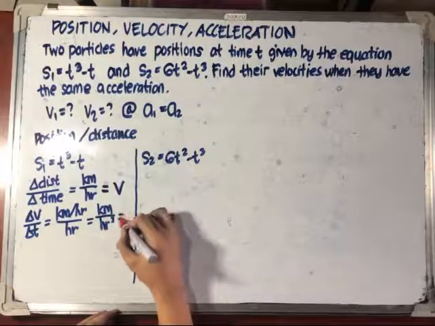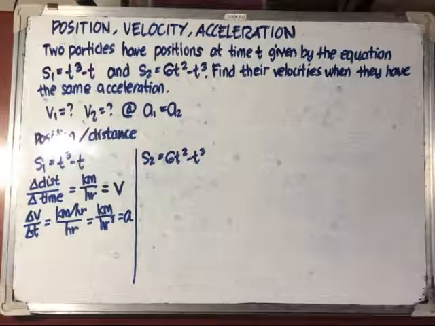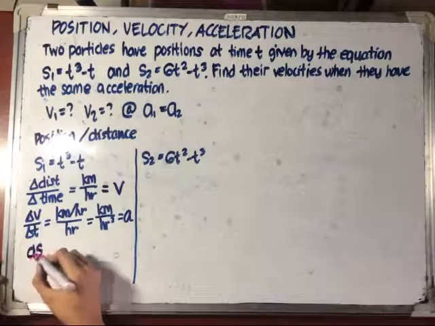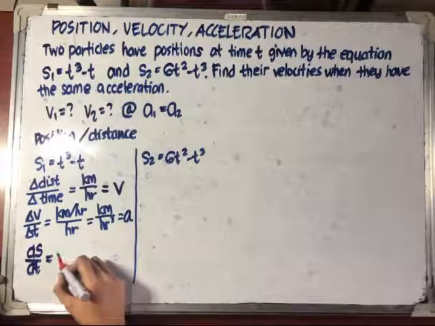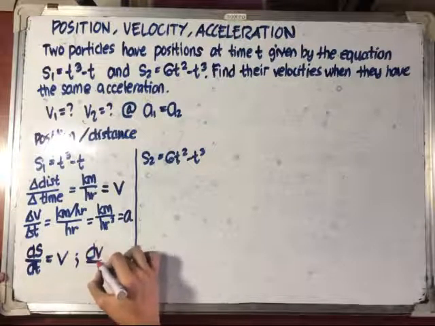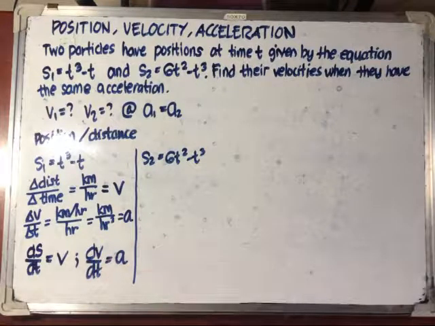And this type of unit represents our acceleration. So, we can say now that your ds over dt, the change in position over the change in time, is your velocity. And your dv over dt naman is your acceleration.